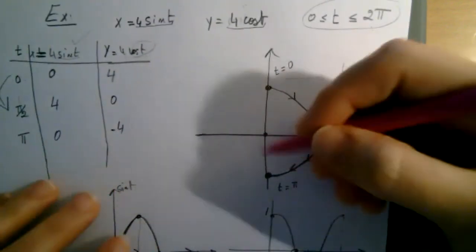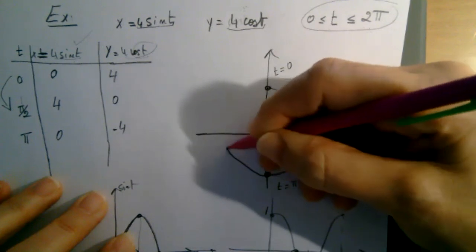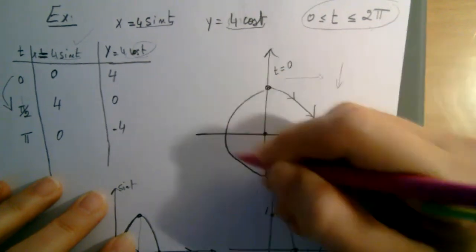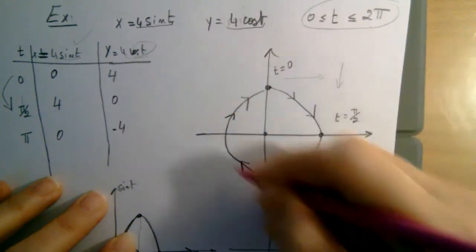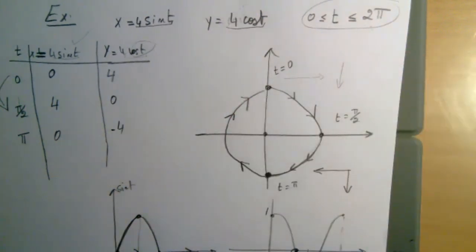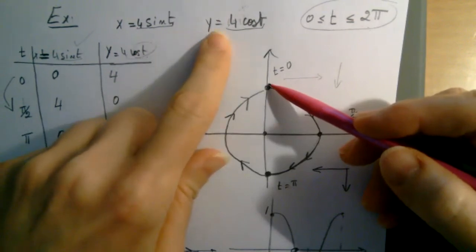And then I can keep along the same line and it's going to go like that. So I know that my particle now is moving along this curve and it's moving in a clockwise direction. So now this is following those parametric equations.